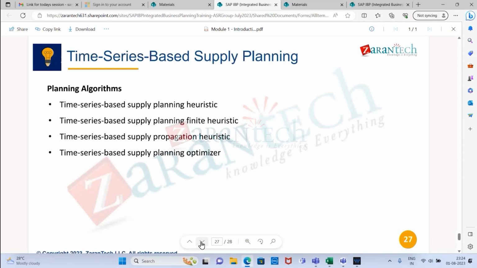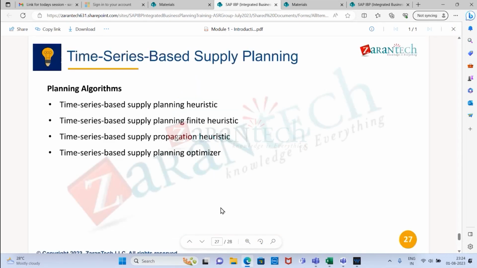But within these four algorithms, you can have many other sub algorithms set based on your specific product requirement. So you can have as many algorithms as you want based on your product functionality, the product demand cycles and the product variability.